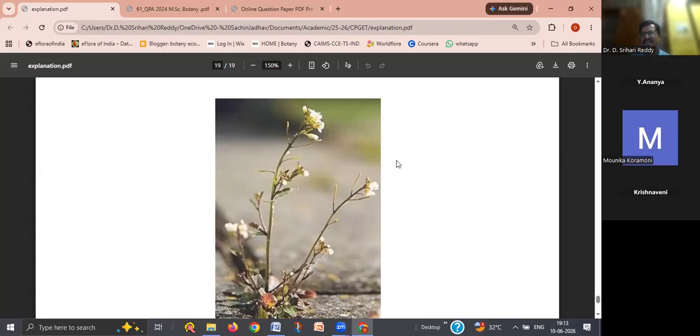For several studies, Escherichia coli or E. coli is utilized because it is one of the simplest organisms. It is a bacterium. It is very easy to study this organism. So most of the scientists used E. coli as a model organism.